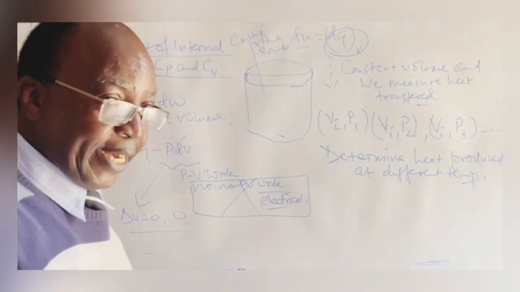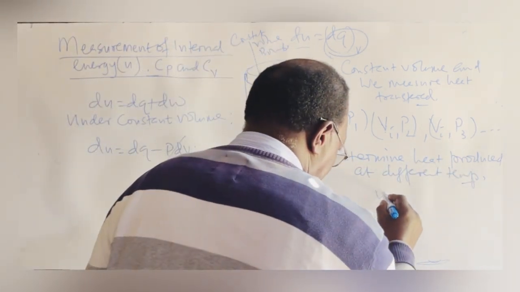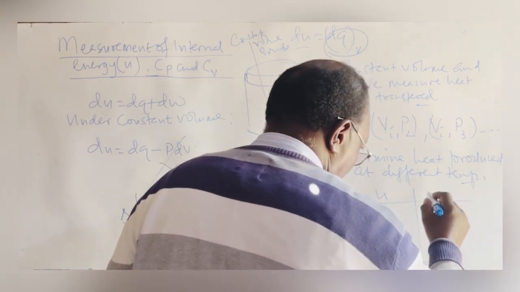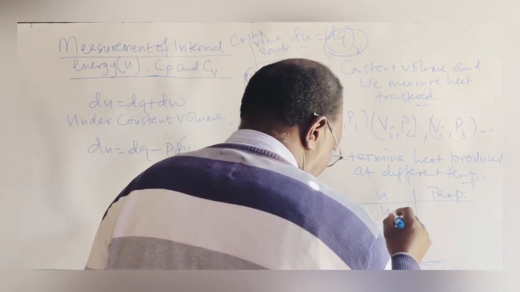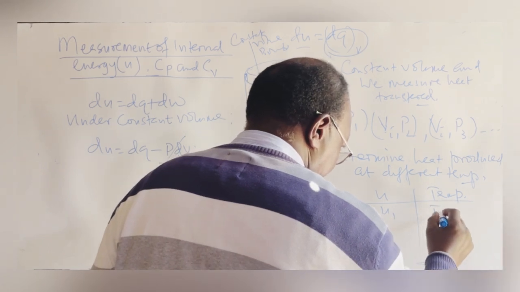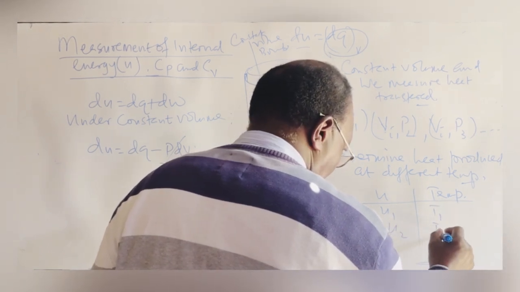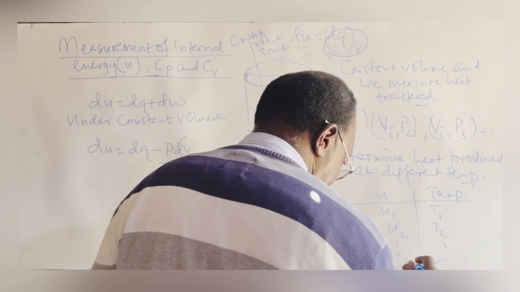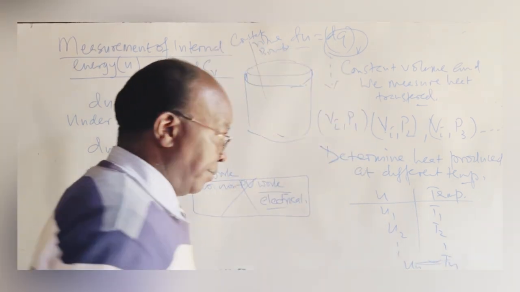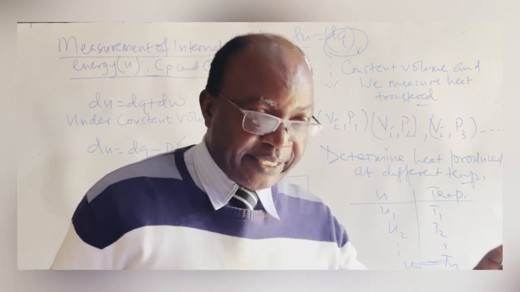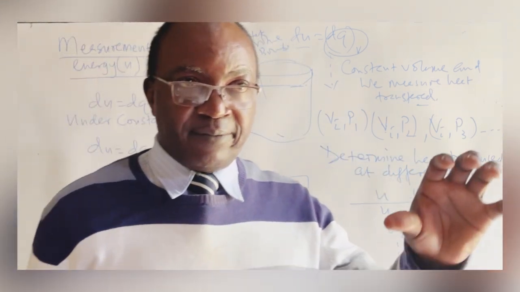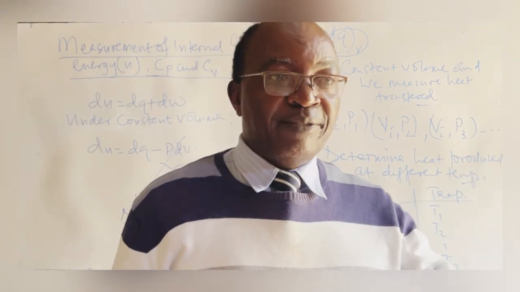Then you are going to generate a table of U versus temperature: U1, T1, U2, T2, and so forth, Un, Tn. Keep a catch here: this is heat transferred under constant volume, and that value gives you the internal energy.